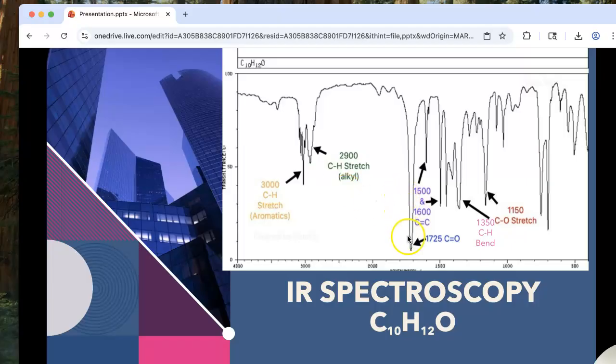And then here at 1725, there's a carbonyl, a C=O bond that we learned a lot in class. And next to that, these 2 sharp peaks here can be indicative of a C=C bond in an aromatic ring. And then over here, I thought maybe this could have been some CH bending or a CO stretch of some kind at 1350 and 1150.